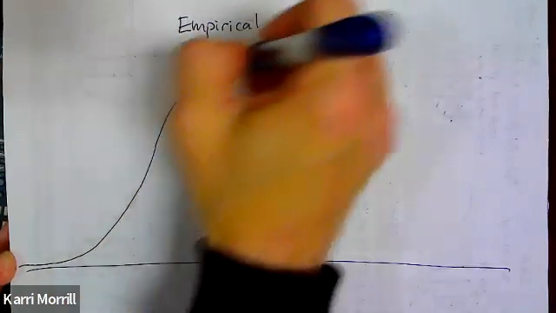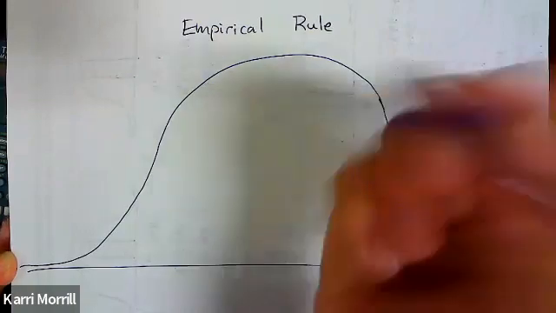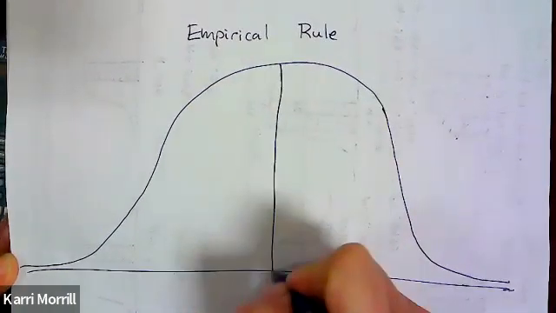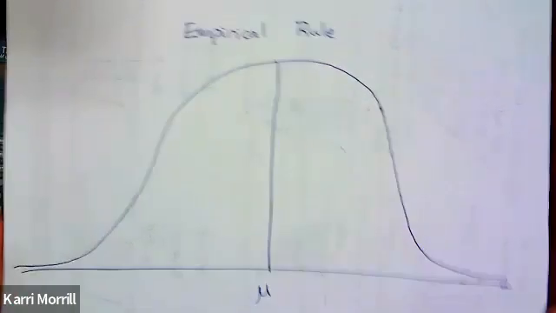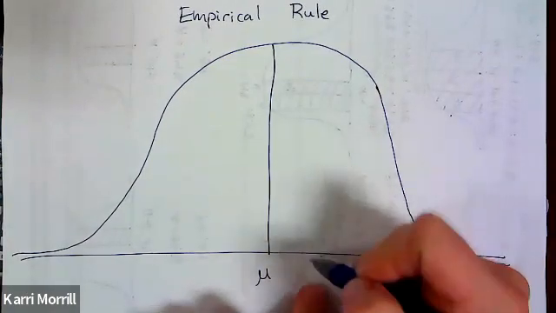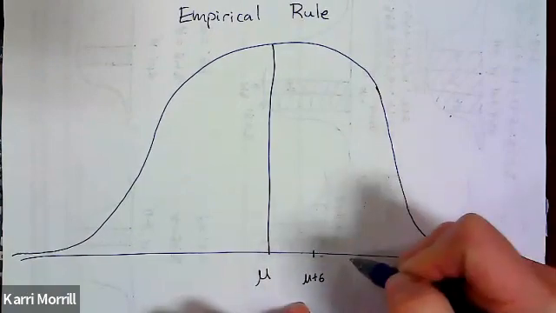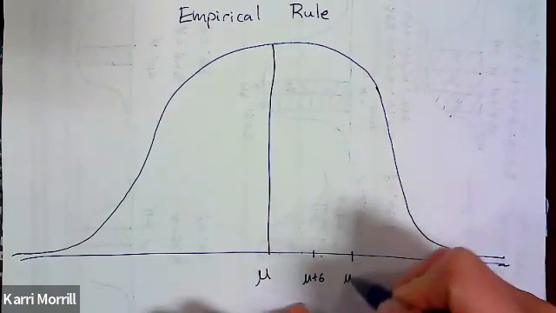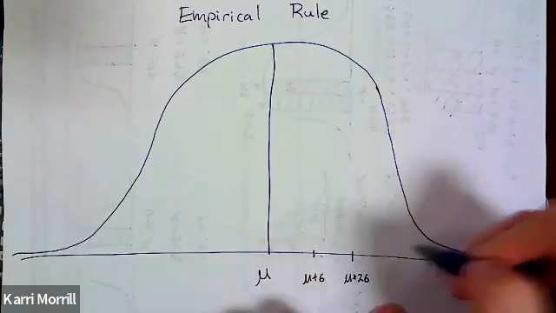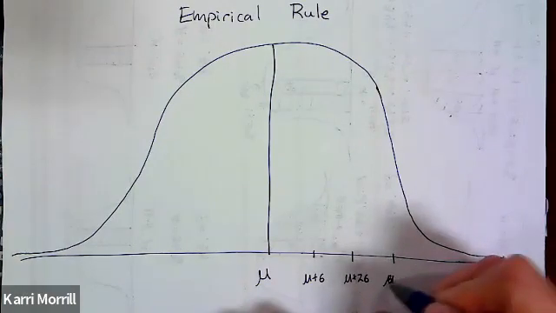And these areas are standard with all curves. My picture is not perfect, so the area is not going to look to scale by any means. So we're going to go over one standard deviation. We can go over two standard deviations, and we can go over to three standard deviations.